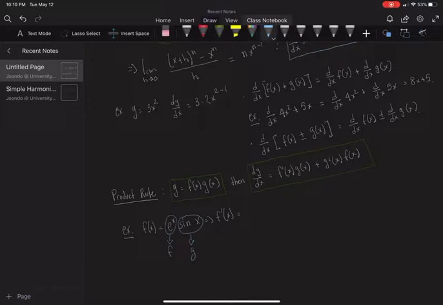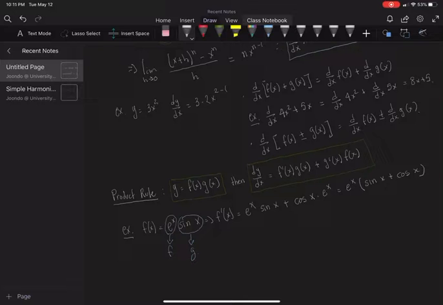The derivative of f is e to the x, right? And g is just sine x, plus the derivative of g, which is cosine x, times f, which is e to the x. So really, this is just e to the x times (sine x plus cosine x).